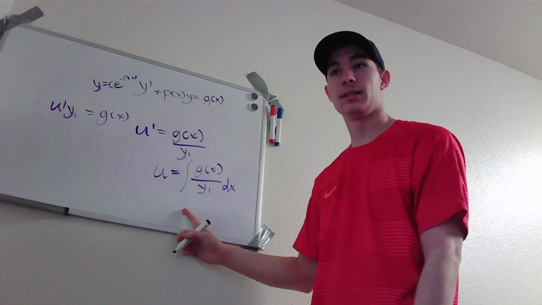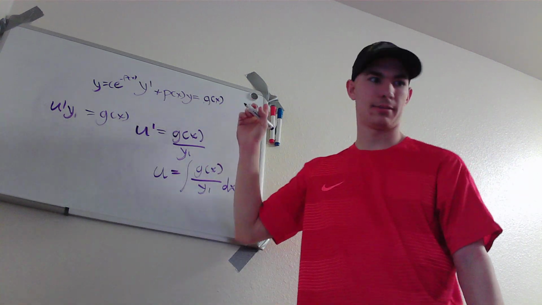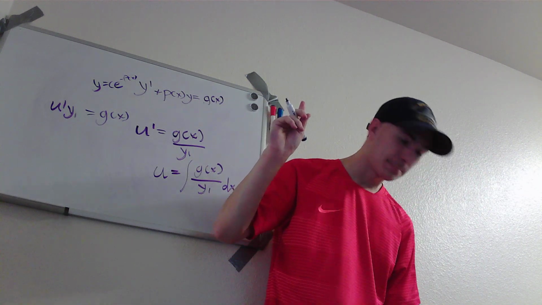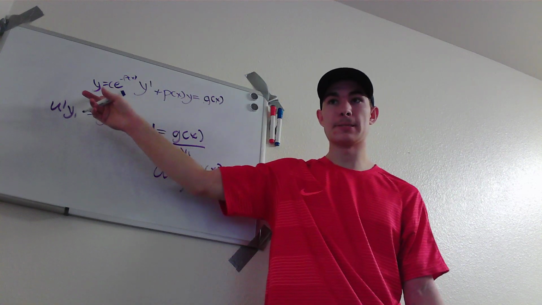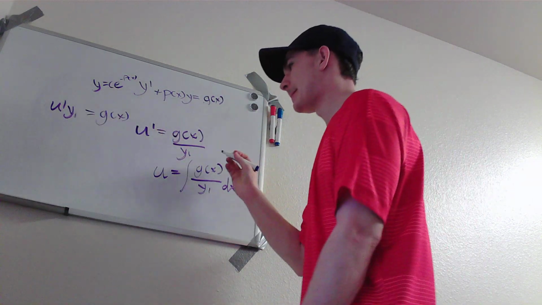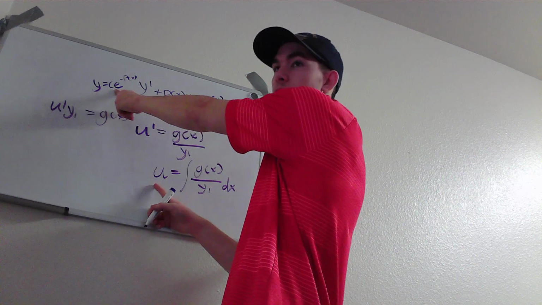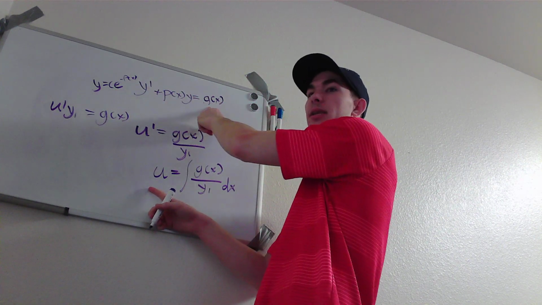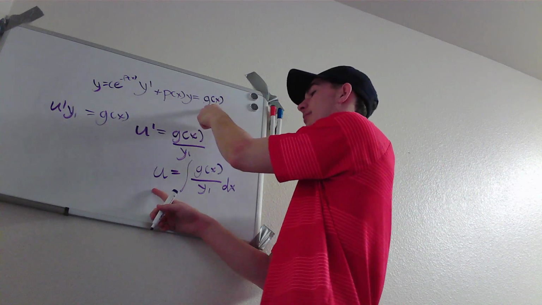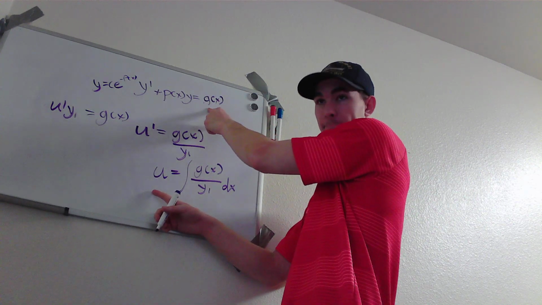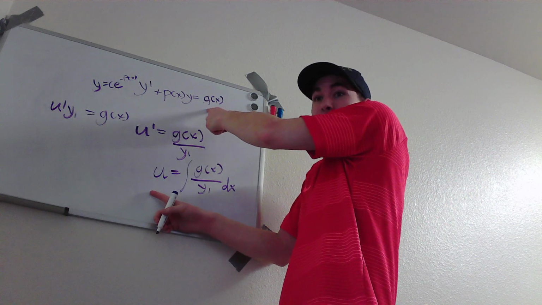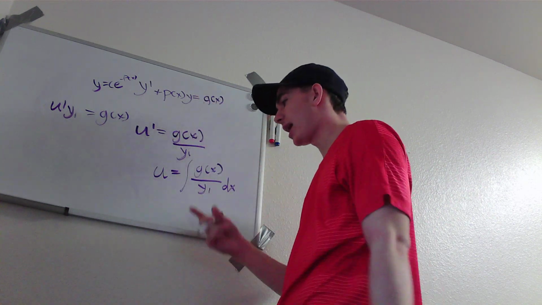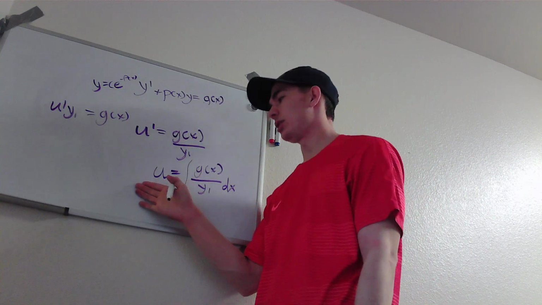And then this, you just plug back into here, into your y, because we're solving for c. That was our whole point, was to solve for c, because c is dependent on some value of x, and so we have to solve for this equation here.